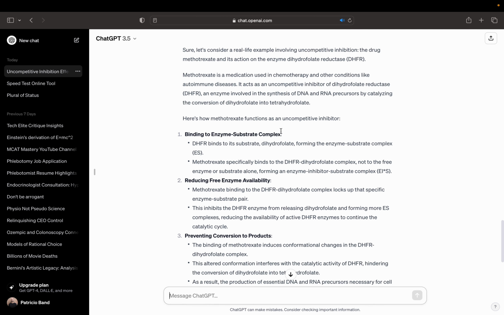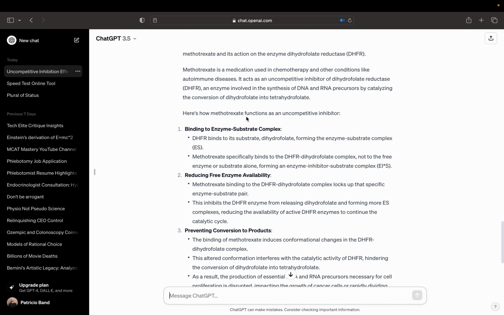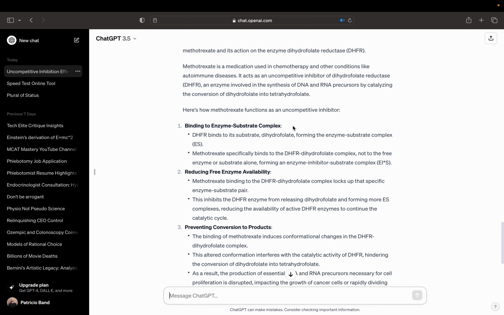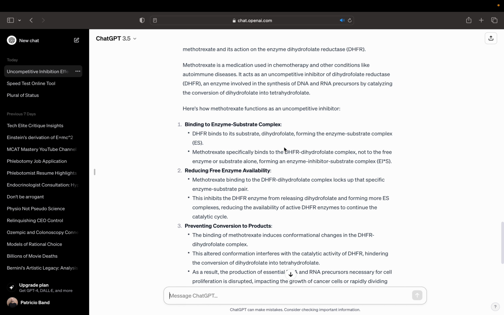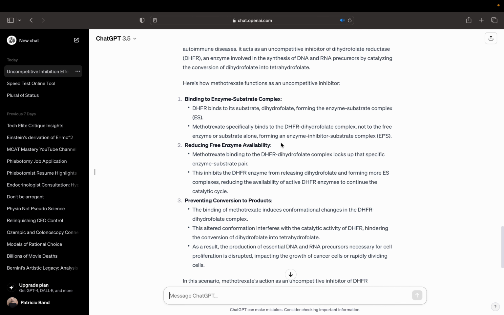Here's how methotrexate functions as an uncompetitive inhibitor. It binds to the enzyme substrate complex. DHFR binds to its substrate, dihydrofolate, forming the enzyme substrate complex. Methotrexate specifically binds to the DHFR dihydrofolate complex, not to the free enzyme or substrate alone, forming an enzyme inhibitor substrate complex, the EIS complex.